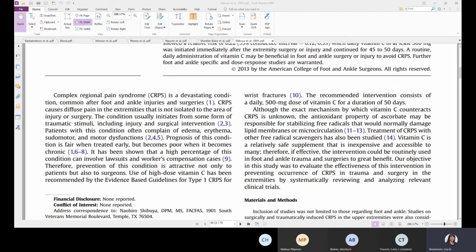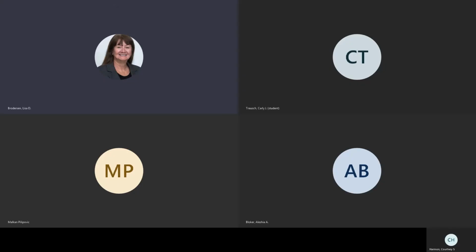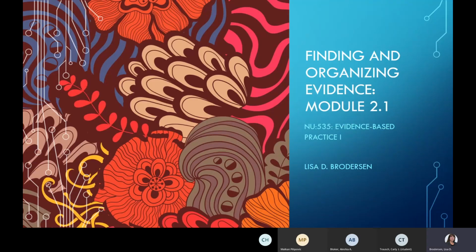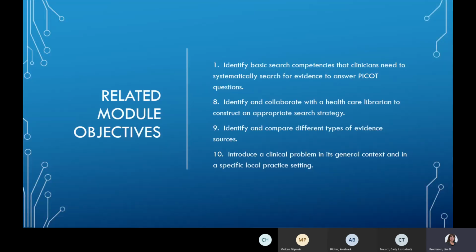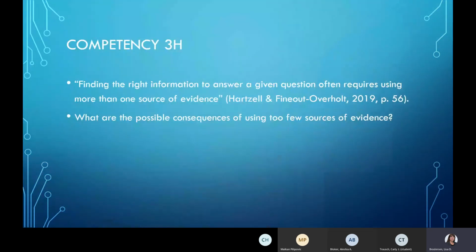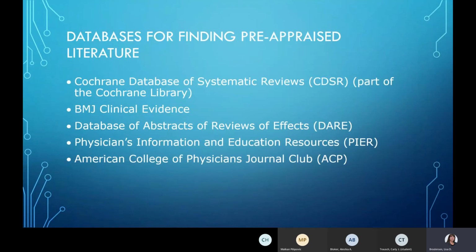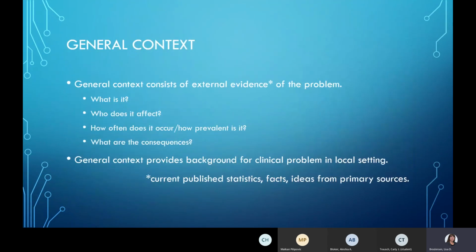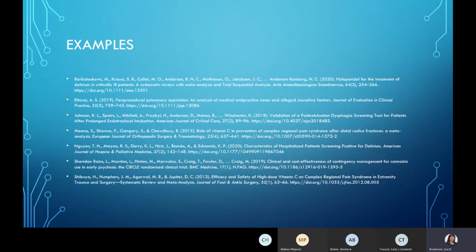Okay, I am just going to go back to the PowerPoint because I want to make sure I show you those references that we just looked at. Yeah, so these are the sources that we just looked at.